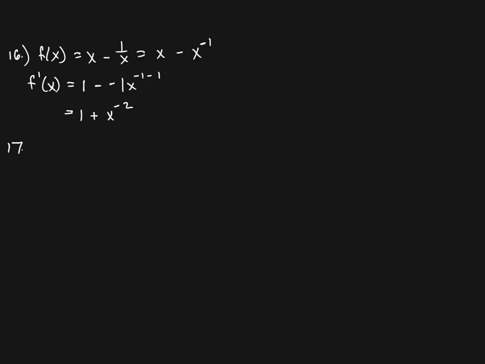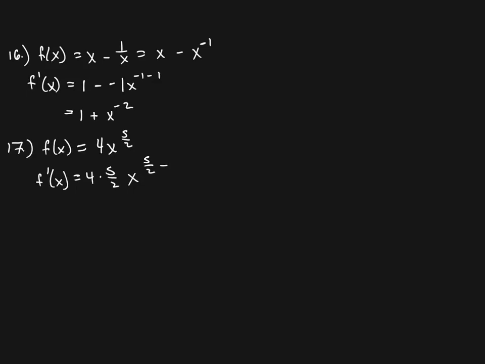For problem 17, we have f of x equals 4x to the 5/2 power. Now there's nothing really complicated here, right? 4x to the 5/2, so f prime of x is just equal to 4 times 5/2, x to the 5/2 minus 1.